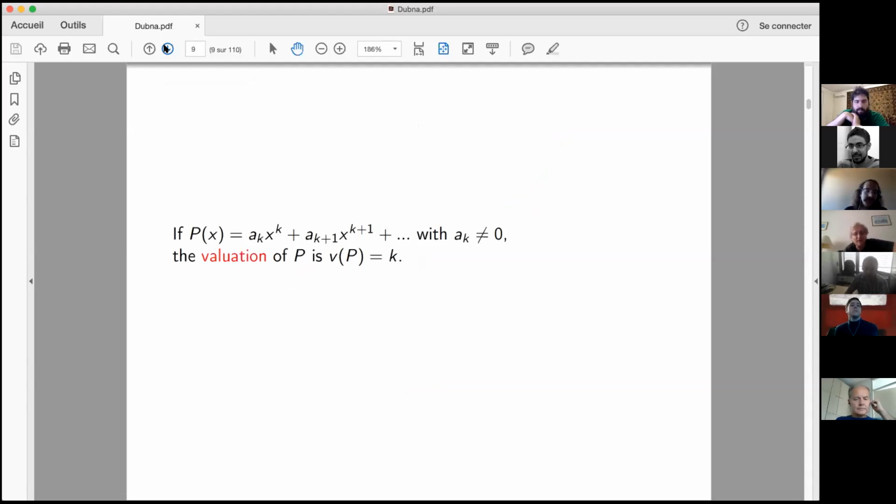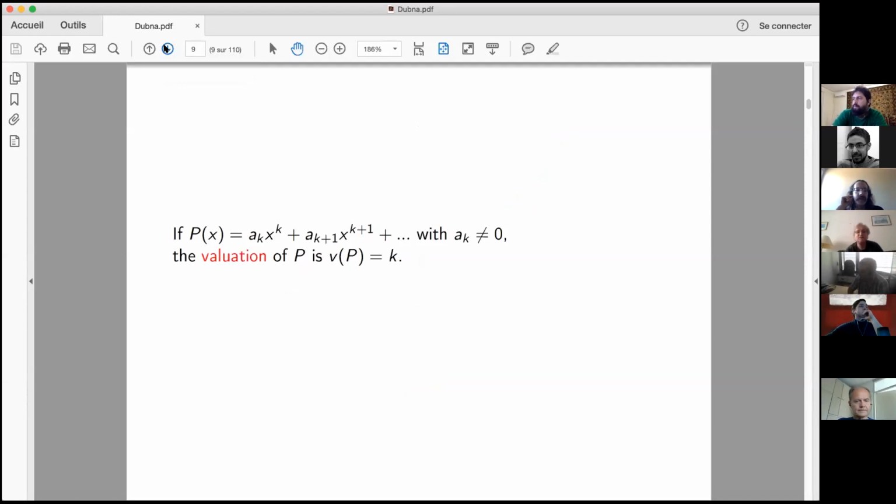Suppose you have a real polynomial P of x, equal to a_k x to the k plus a_(k+1) x to the k plus 1, etc. And you look at the lowest integer k for which a_k is not 0. This lowest integer, I will call the valuation of the polynomial P at the origin.